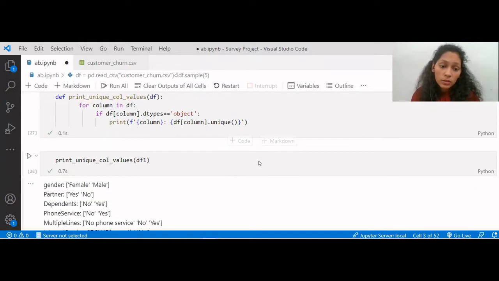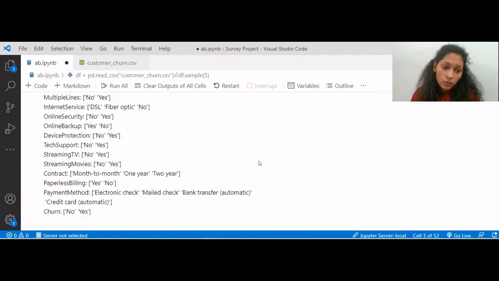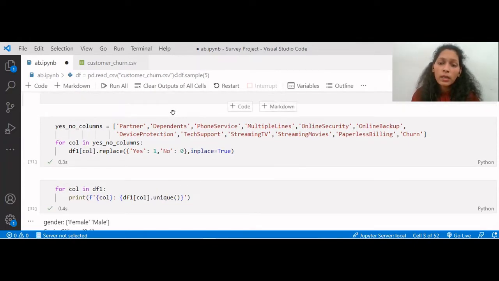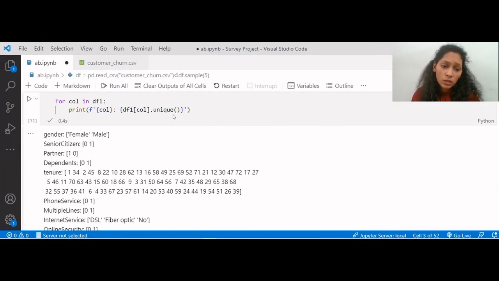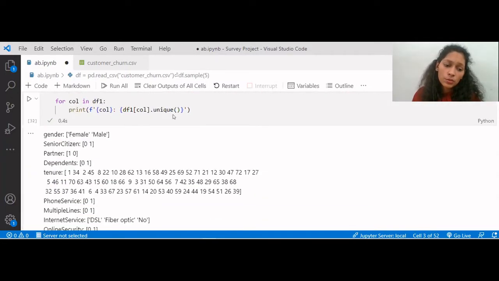After that, when we see yes and no, we are changing them to one or zero, to calculate and classify also. So we are changing the yes to one and no to zero.